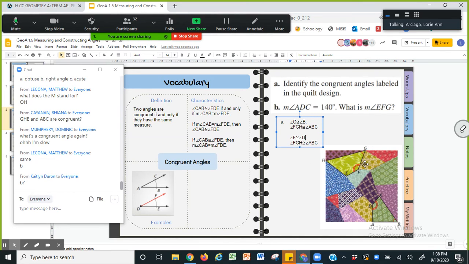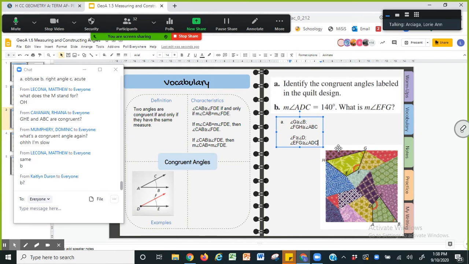If you want to name angle F using 3 letters, just make sure that you put the letter F in the middle, and you could use E on the left and then G on the other side. While for the other angle, make sure D is in the middle. So I could go A, D, C. All right, so those are the 2 pairs of congruent angles.